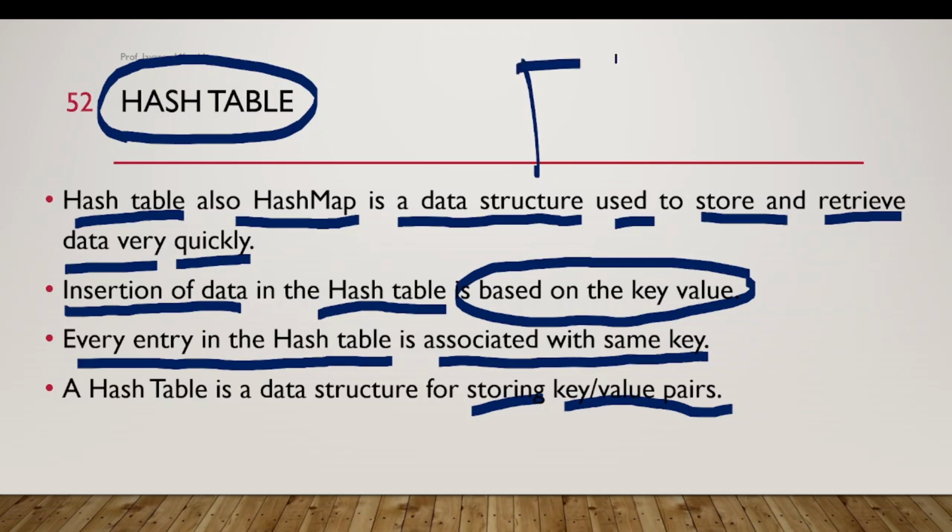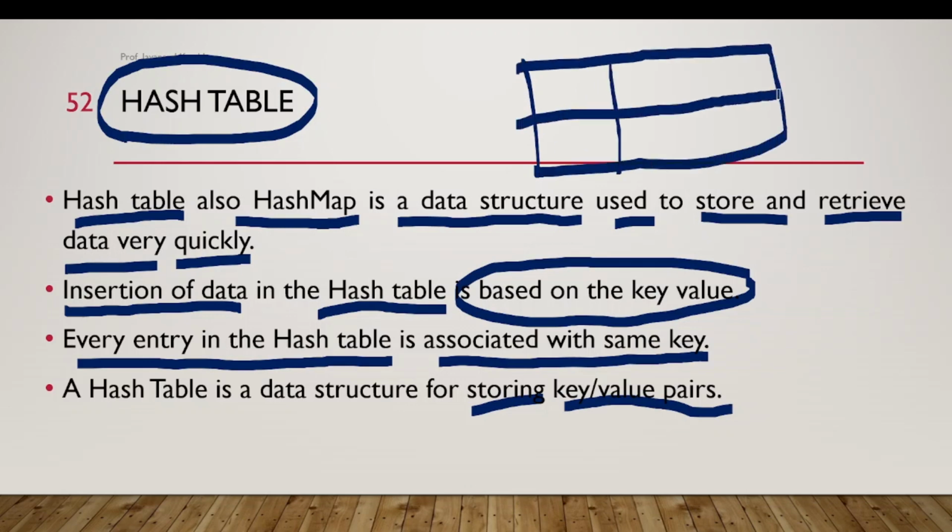That means in hash table we will be having entries like key and value, where key will be used to store the data and value means the value associated with this key. For example, roll number 1 is the key value, and associated with that roll number the name of the student, then percentage, class, everything. These are nothing but the different values associated.